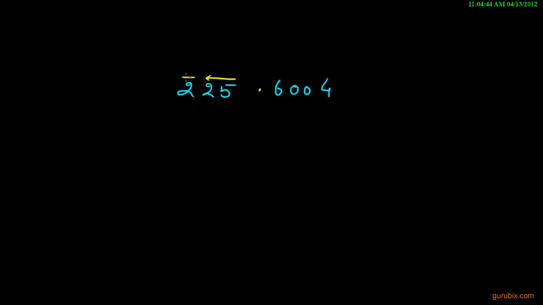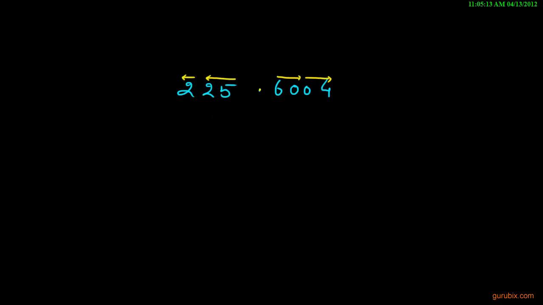This 2 does not make any pair, and on the decimal part we shall start from here like this. Each pair, including this single digit, is called a period.